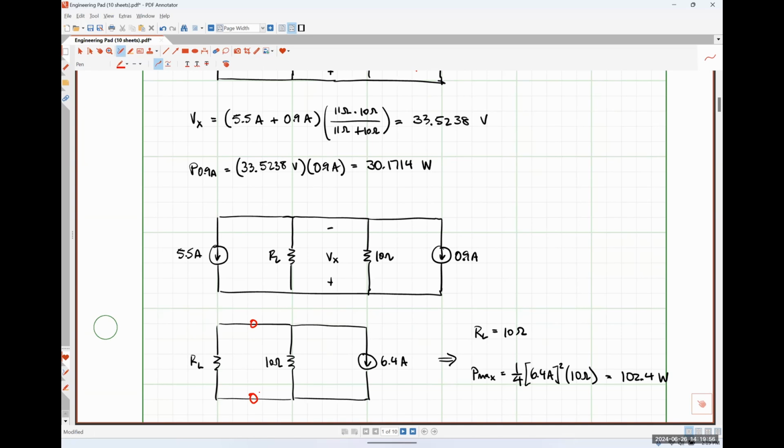From our lecture on Monday, in order for maximum power transfer to occur, our load resistance RL has to equal the source resistance of our practical source. So this RL right here has to be the same as this resistance in order for maximum power transfer to occur. And we derived that on Monday. So if we have a 10 ohm resistor here, we just plug that value in for RL, and that's going to let us know what maximum power transfer occurs. Okay, yes, sir. Thank you so much.